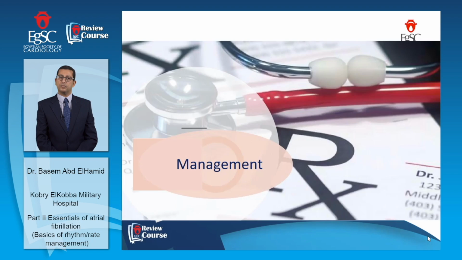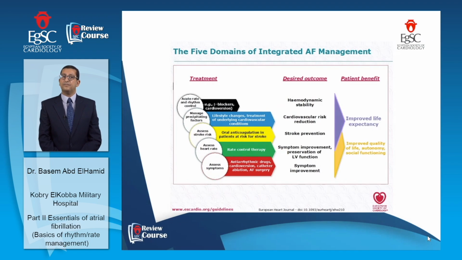What about the management? The five domains of integrated AF management include: the first is acute rate and rhythm control, in the form of, for example, beta blockers or cardioversion, the aim of which is hemodynamic stability of the patient. The second is management of precipitating factors, lifestyle modification, and treatment of underlying cardiovascular conditions, the aim of which is cardiovascular risk reduction.